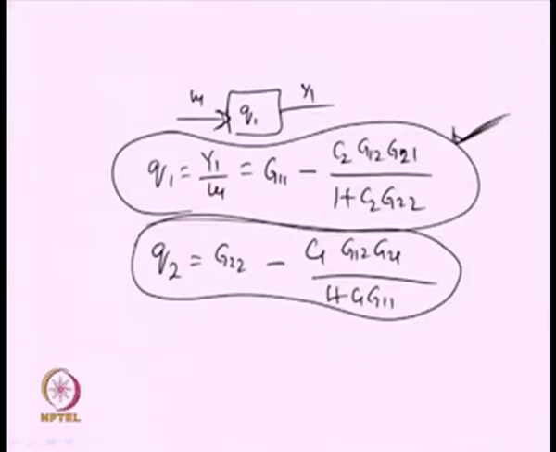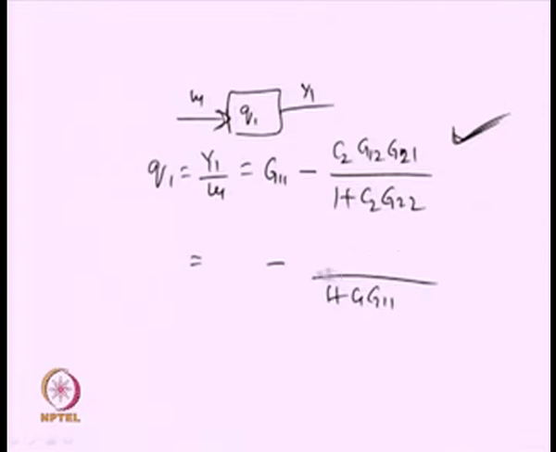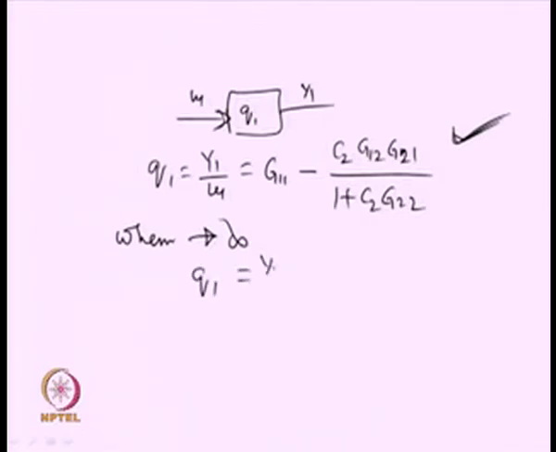Okay. So, Q1 is this much now. Then when C2 is a large number, what will happen? Q1, which is Y1 upon U1, will be equal to G11 minus G12 G21 upon G22.